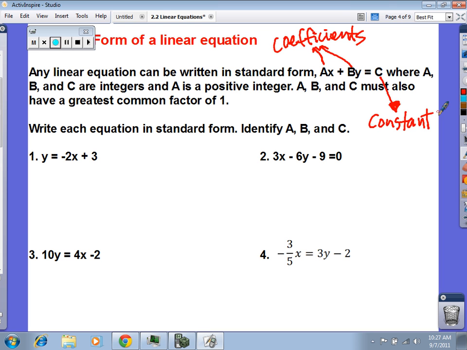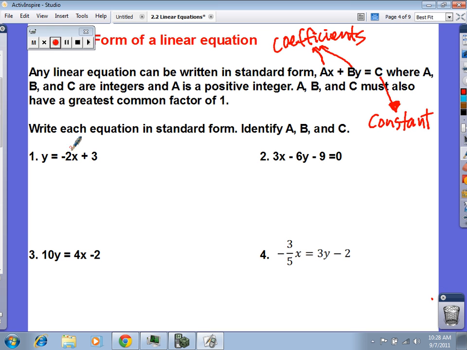So let's practice. All you're going to do is manipulate. You're going to take number 1. Y equals -2x plus 3. That is a linear equation. They want it written in standard form. Standard form, x and y are on the same side. So what is wrong with number 1? So let's get them on the same side.